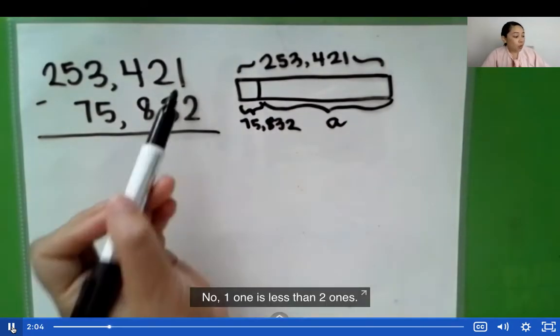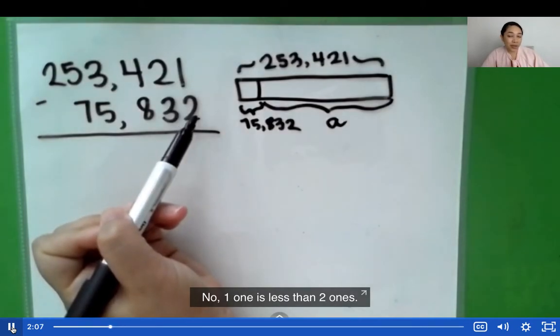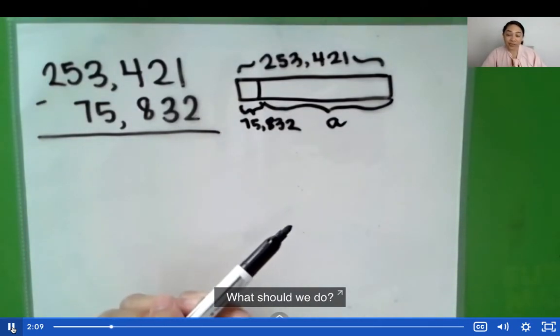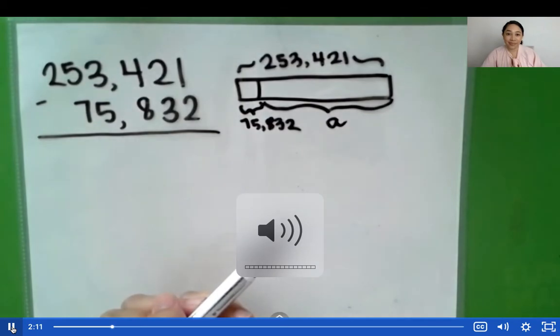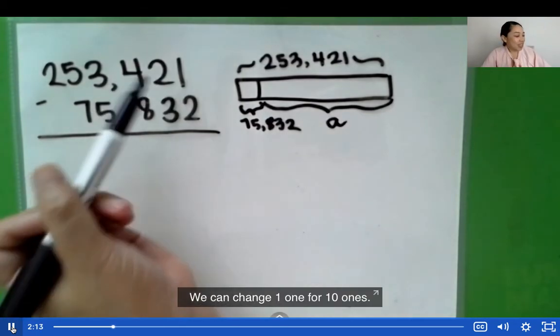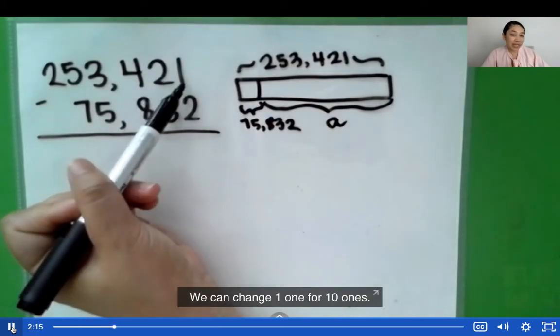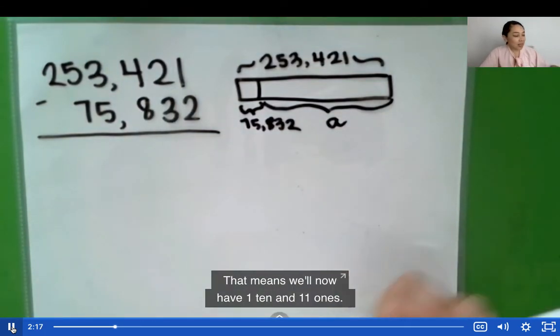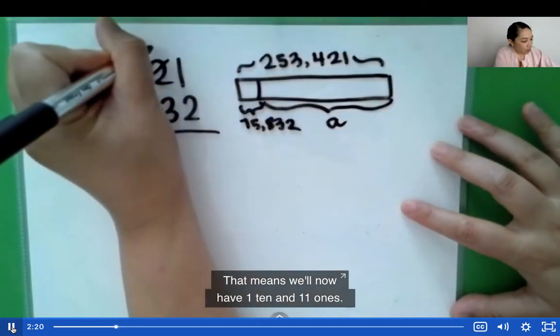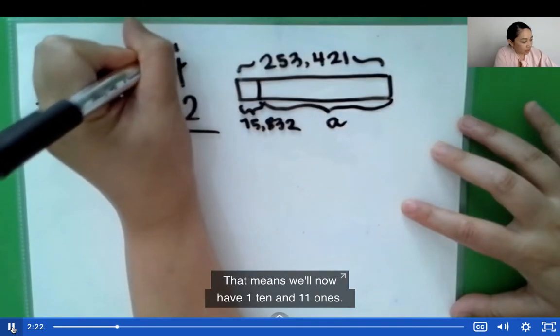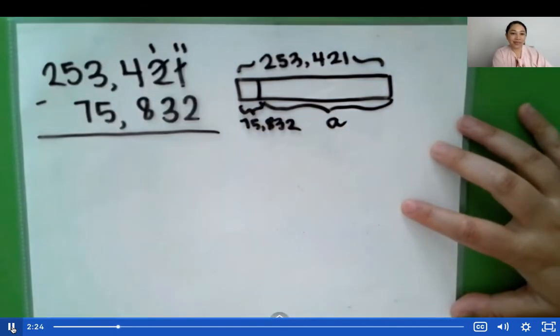No. 1 one is less than 2 ones. What should we do? We can change 1 ten for 10 ones. That means we'll now have 10 tens and 11 ones.